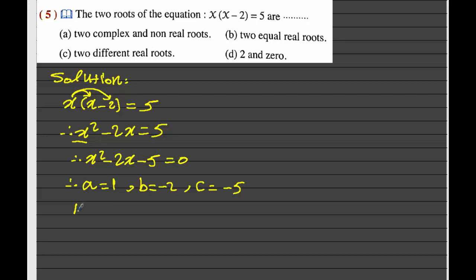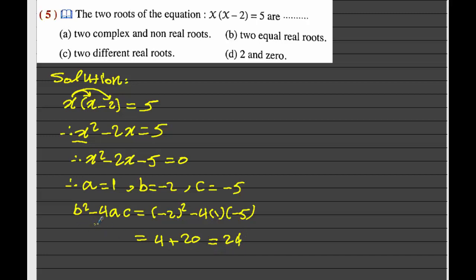And the discriminant B squared minus 4AC equals B squared, it is negative 2 all power 2 minus 4 multiply 1 multiply negative 5. So here we have 4 plus 20, which equals 24.